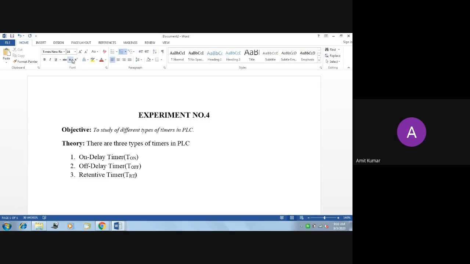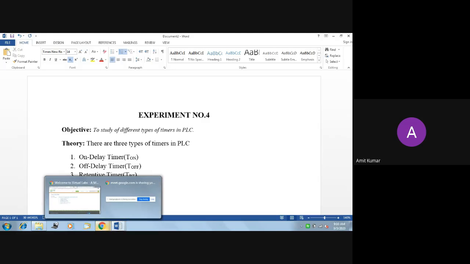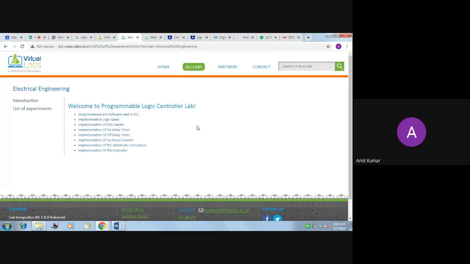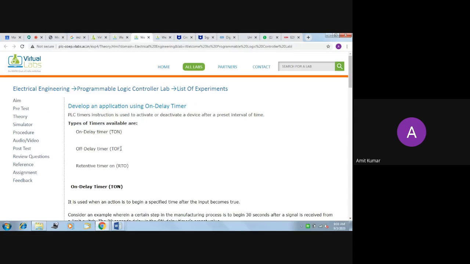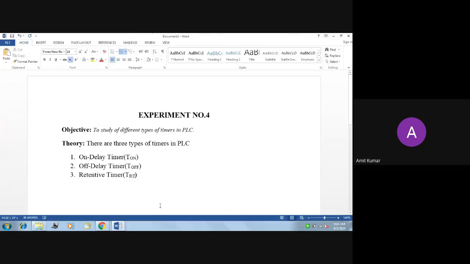So these three timers are there. Today we are going to see the various things that can be done by these timers, how they perform, and what the architecture of the timer is. So what are the different bits and all those things we are going to see. So we will start with the on delay timer. We have three types of timers: on delay timer, off delay timer, and retentive on timer. So these three timers are there.